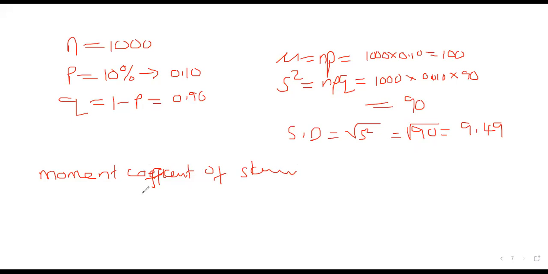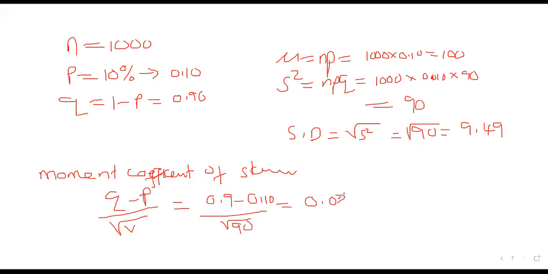The moment coefficient of skewness is found as follows: simply Q minus P over the square root of the variance. So our Q was 90%, our P was 10%, our variance was what? 90. So when you calculate that, you get 0.084. That is what we call the moment coefficient of skewness.